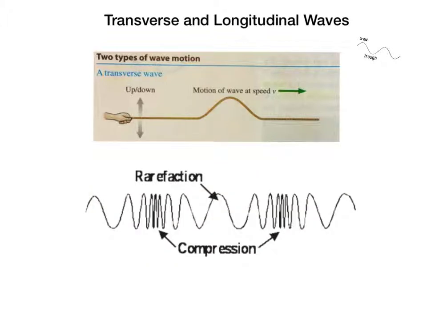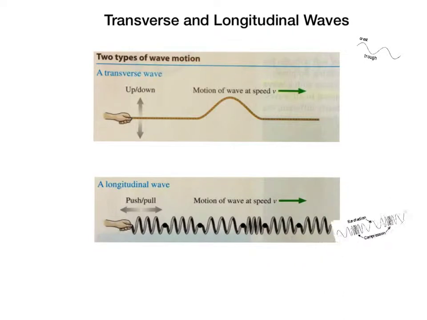Those places where the medium is pressed together are called compressions, and where it's stretched apart are called rarefactions. In the compressions, the medium is more dense, and in the rarefactions, the medium is less dense. Sound waves are probably the greatest example of longitudinal waves that we'll look at.